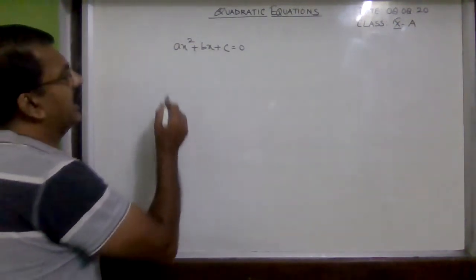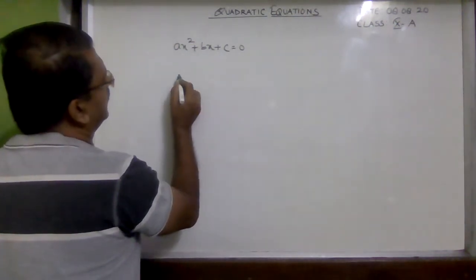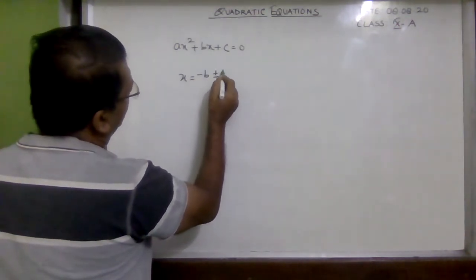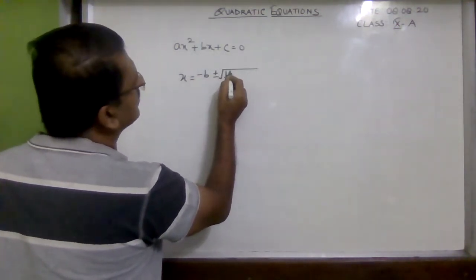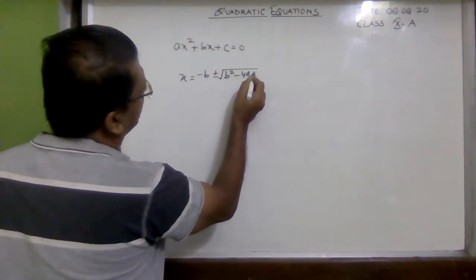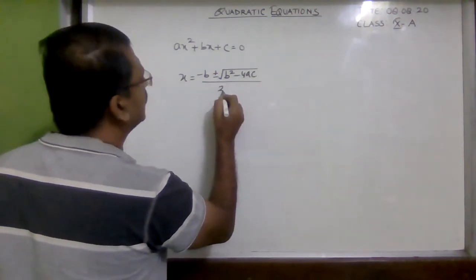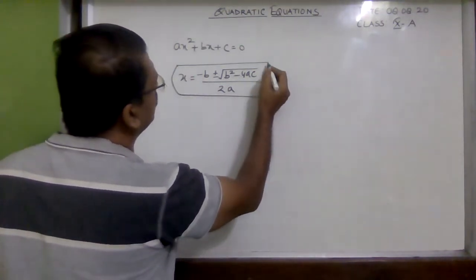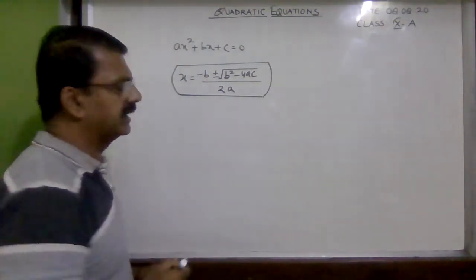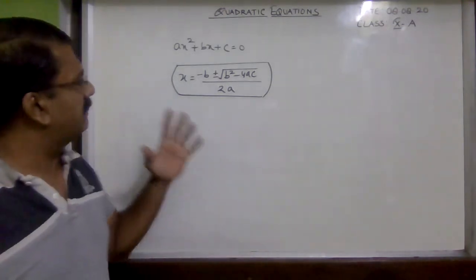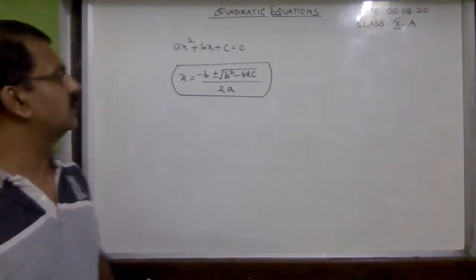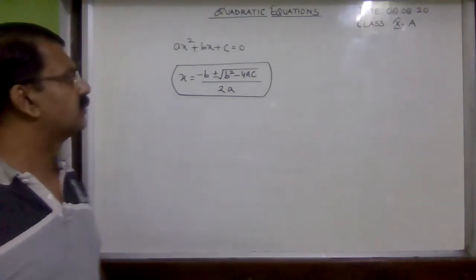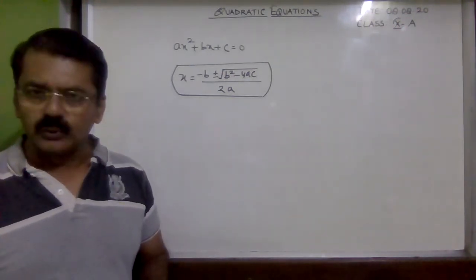Now what is the formula? If this is the quadratic equation, then x is equal to minus b plus minus under root b square minus 4ac upon 2a. That is the formula. To find the values of x from the given quadratic equation, we apply the formula x is equal to minus b plus minus under root b square minus 4ac upon 2a.